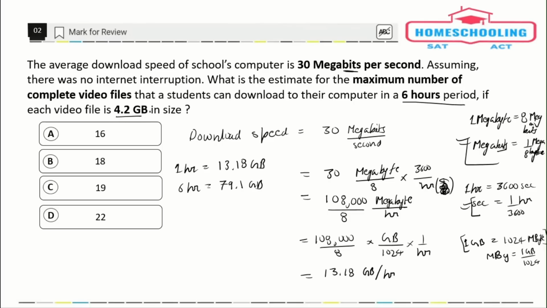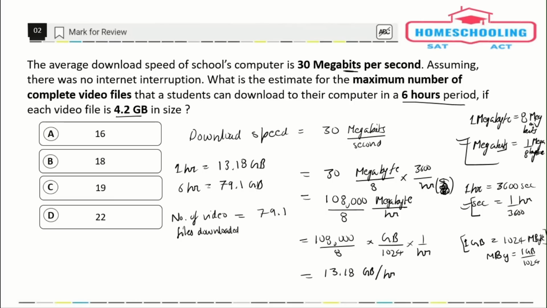So how many total video files can we download in those 6 hours? The number of video files downloaded would be how much?